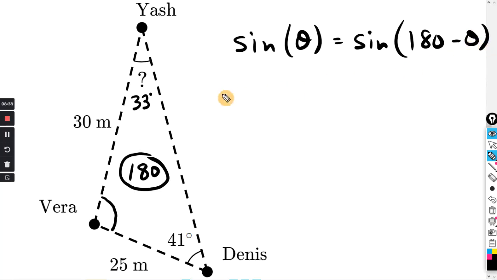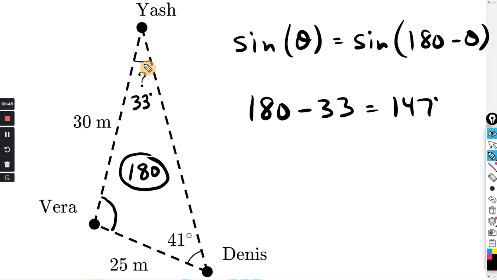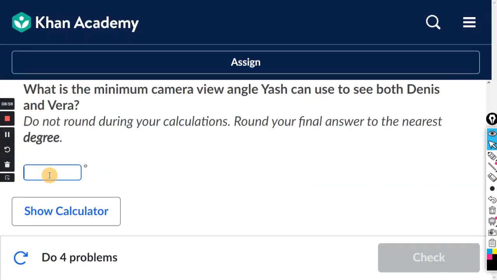All right, now this is the angle theta here. If we did 180 minus theta, that is 147 degrees. Is that what that looks like? Absolutely not. Okay, so I'm going to stick with the 33. All right, so nearest degree, 33.